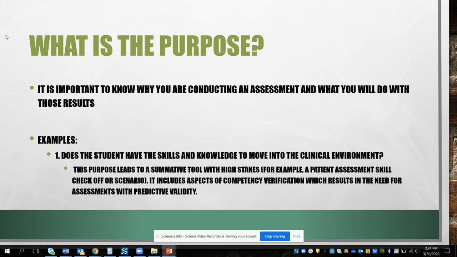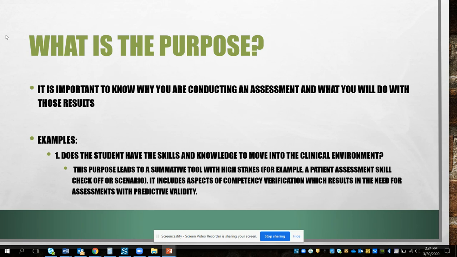So basically what this means is that we have got to have some type of evaluation, some set of standards to say, is the student ready to move into the clinical environment, yes or no? And the competency verification, meaning, is everyone across the board receiving that same knowledge and having that understanding?